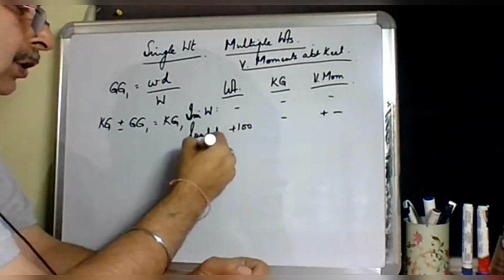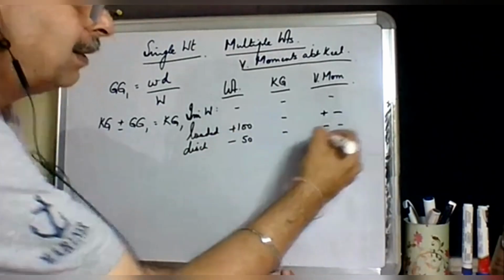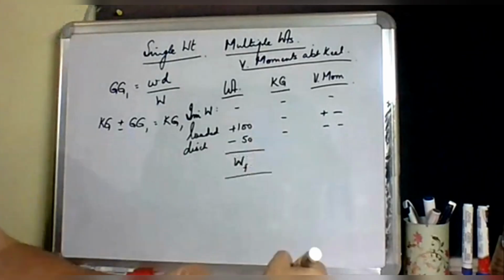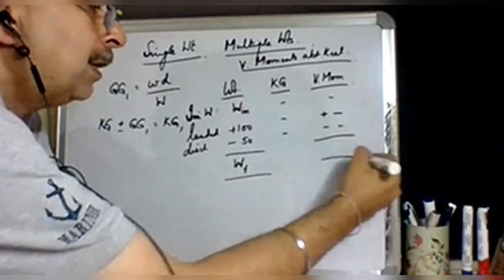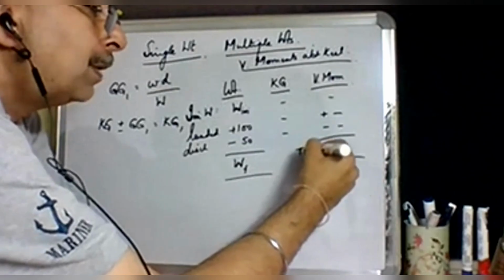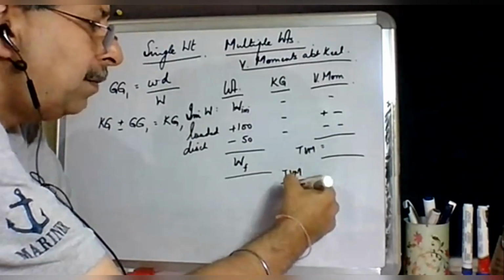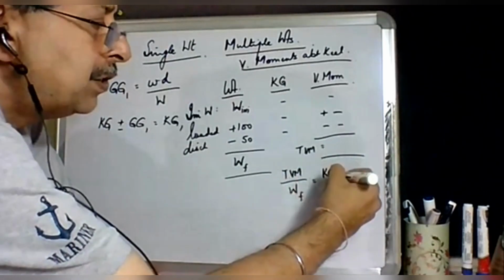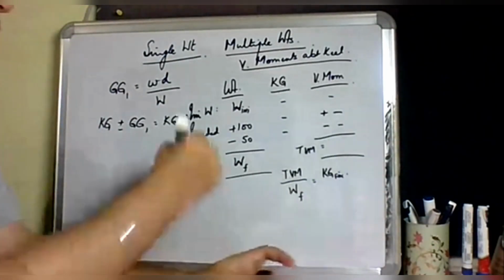If I have discharged, then minus the KG of that weight will be subtracted. This will give me my W final, where this is W initial, of course, and this will give me the total vertical moments, the sum total of all this. The total vertical moments divided by W final will give me KG final, the final KG of the vessel. Is this okay with everybody?